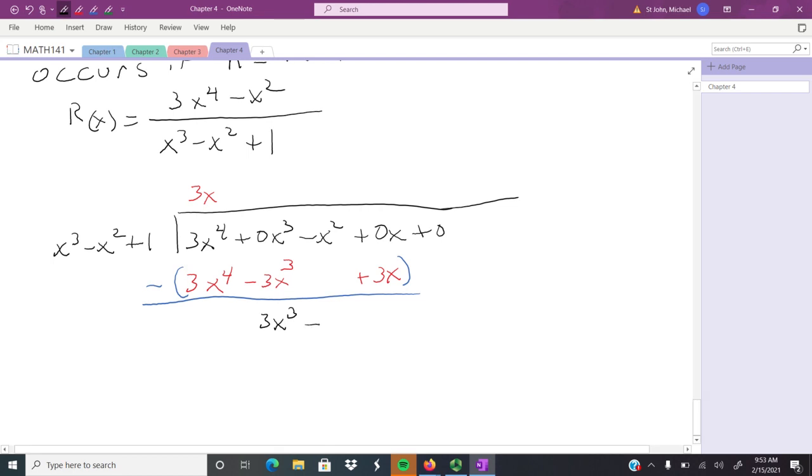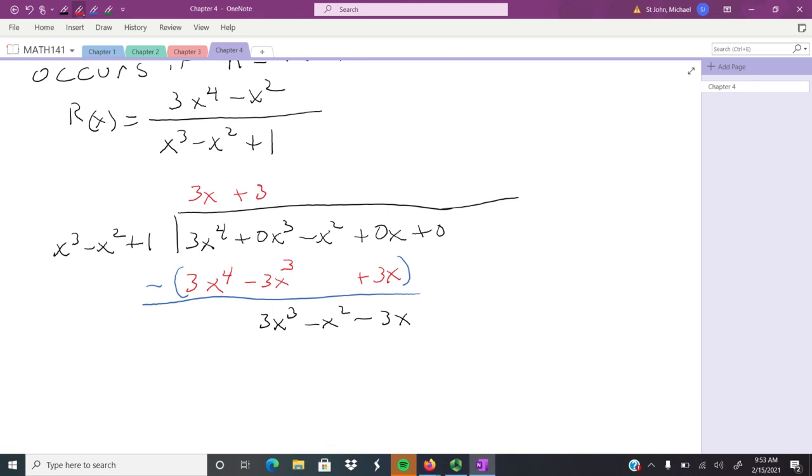Then we have a minus x squared, and then we have a minus 3x. And then we divide again. What do I need to multiply x cubed by to get 3x cubed? That'll be 3. So this will be a plus 3.